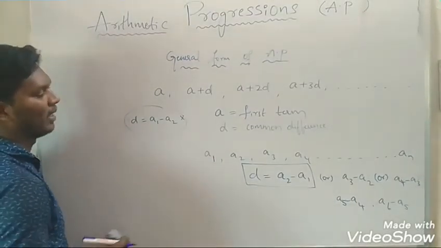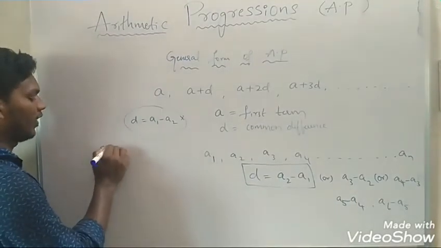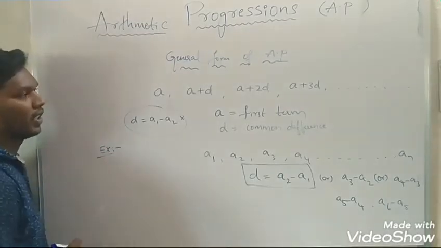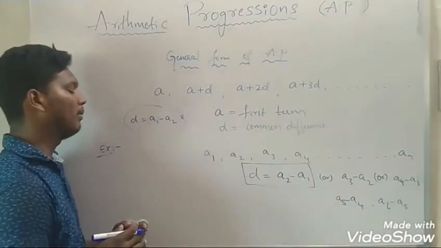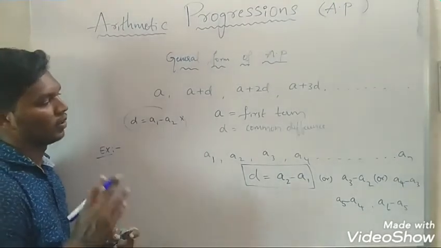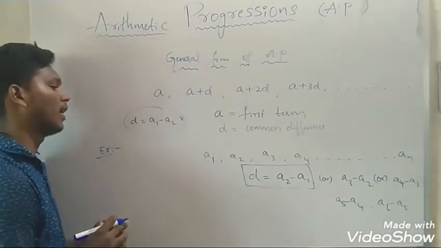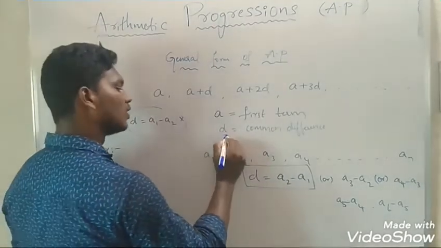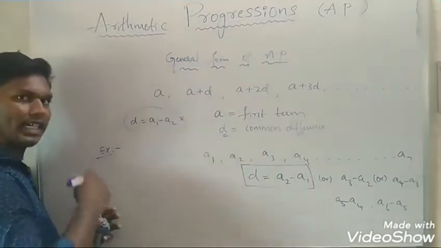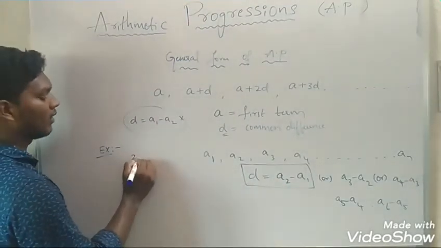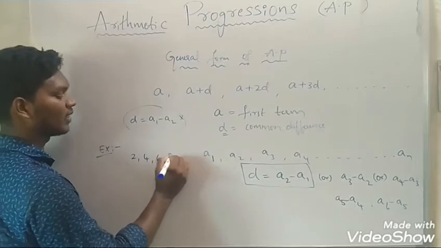Let me give one example. According to the definition, you already know an AP is a list of numbers in which each number is obtained by adding the common difference to the preceding term. Let us take one example: 2, 4, 6, 8.